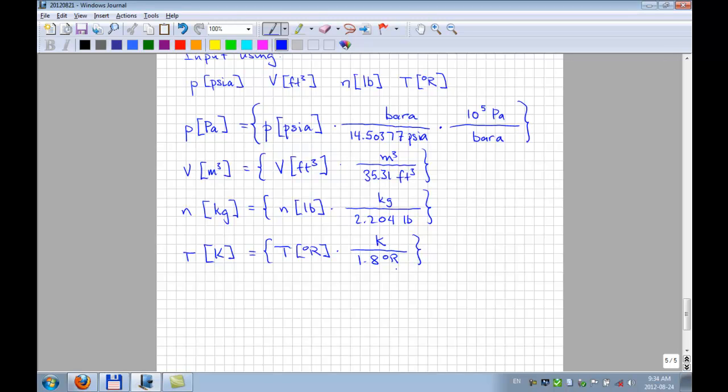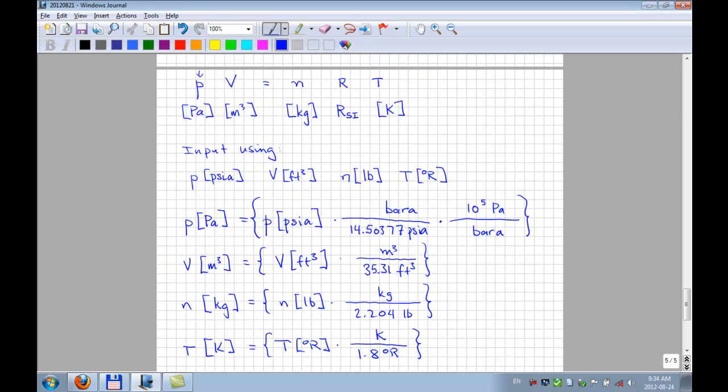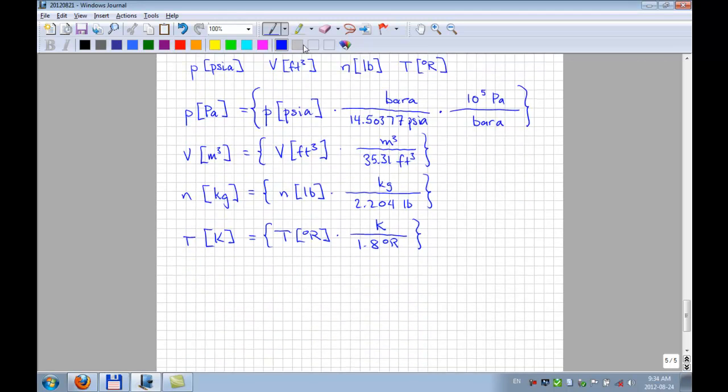So then we can simply substitute each of these terms into the equation up here using the 8314.